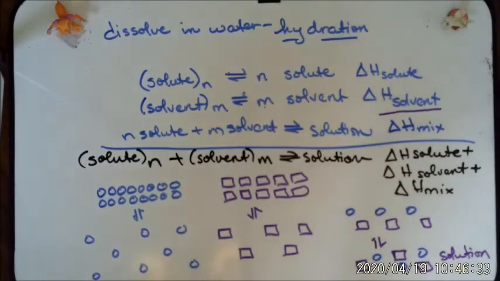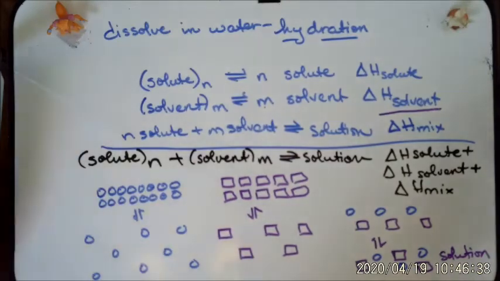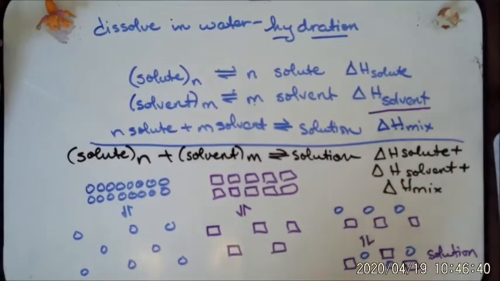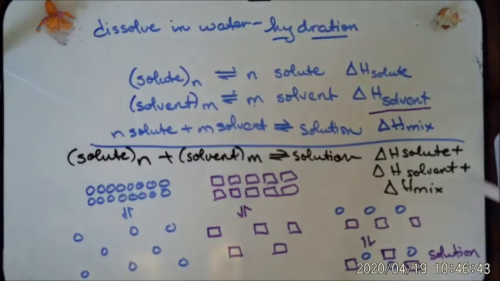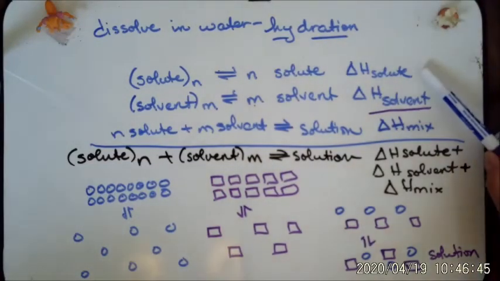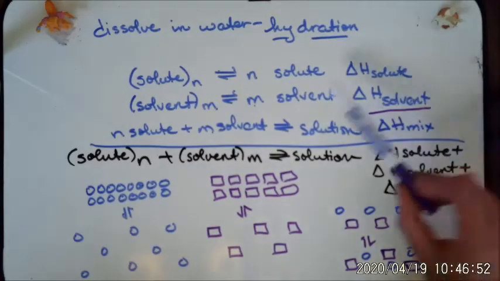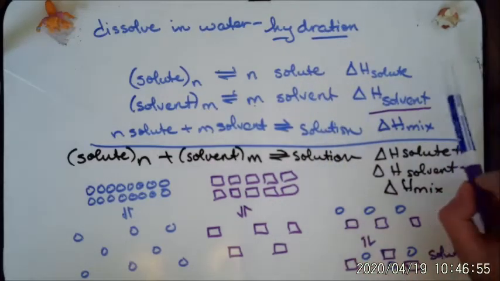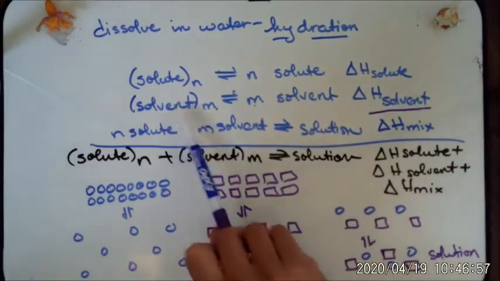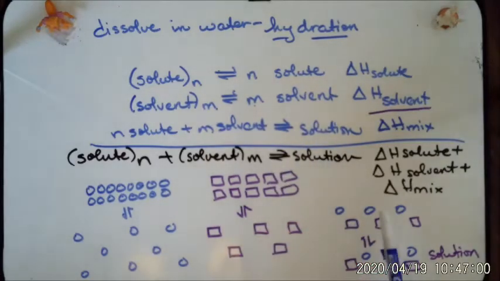Because remember, if the total of this is a negative value, then that's going to be exothermic. And that's why we're talking about if the solute energetics, if those interactions are strong and larger than this, then it's not going to want to go to n solute. If the solvent-solvent interactions are strong, then it doesn't want to be separated out. If we get a favorable mixing and these are weaker, then it's going to go to solution.